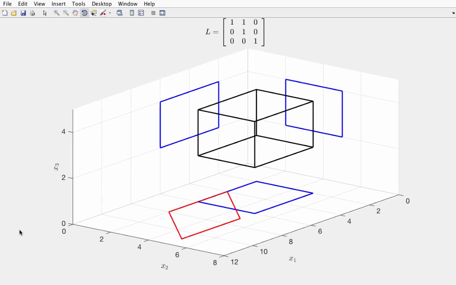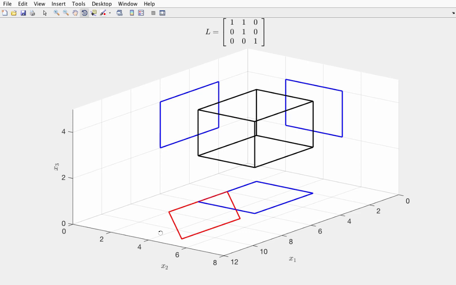So if I multiply that rectangle by L, because this is essentially the identity except for this upper 2 by 2 block, it is only the coordinates in the xy plane that are going to be perturbed.